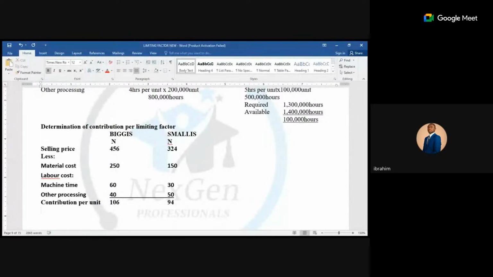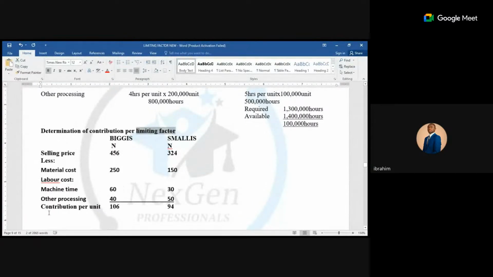Now we need to determine the contribution. We say contribution per limiting factor. This is contribution per unit. So what is the limiting factor? Machine time. You can put it here, machine time.